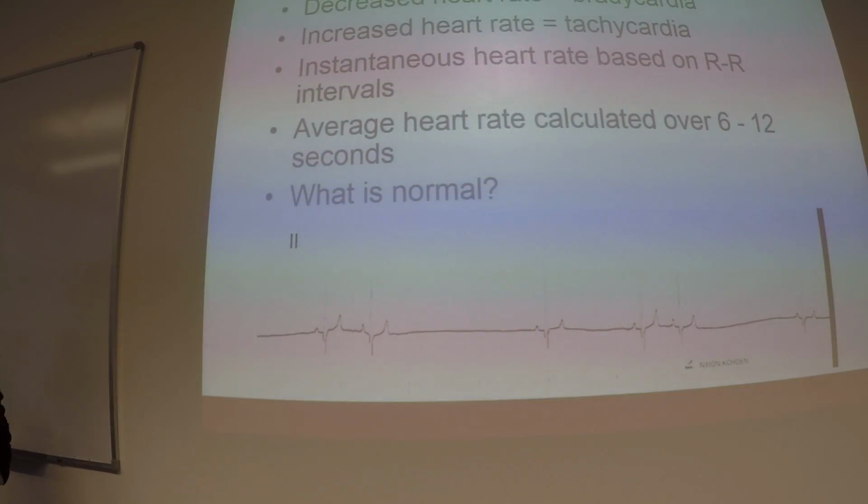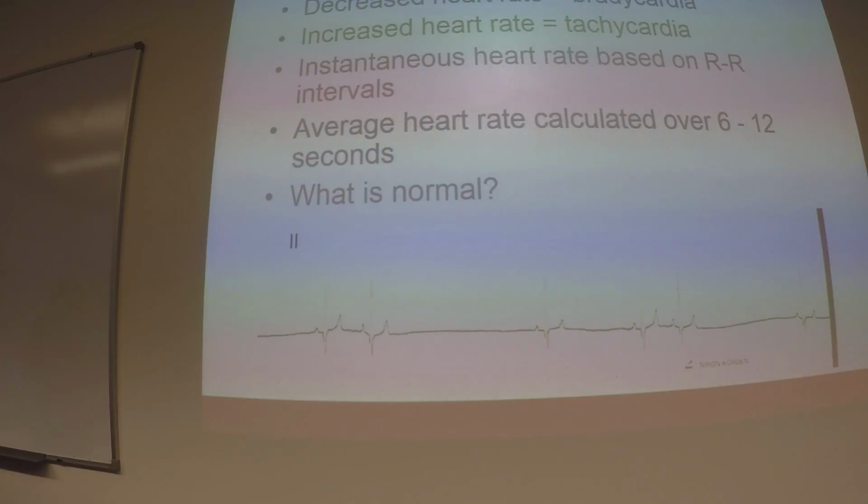Or it might be that what is normal for one dog is not normal for another one. A fit dog, a larger, might come in with a heart rate of 65 beats per minute, and it's normal for this larger, whereas a Yorkie that gets very nervous when it comes to the clinic may always come with 140 beats per minute, and that's normal for these Yorkies. Yeah? So it's good to know what's normal for each individual.